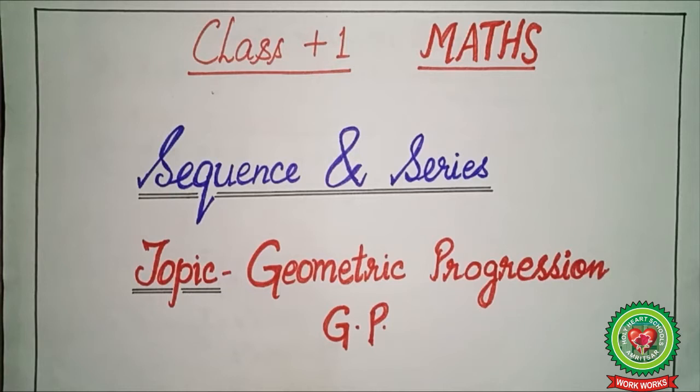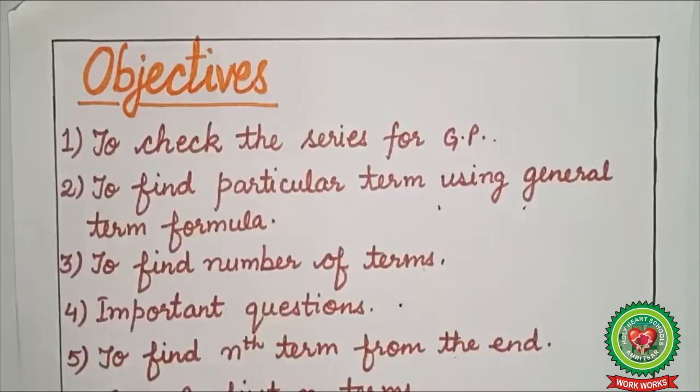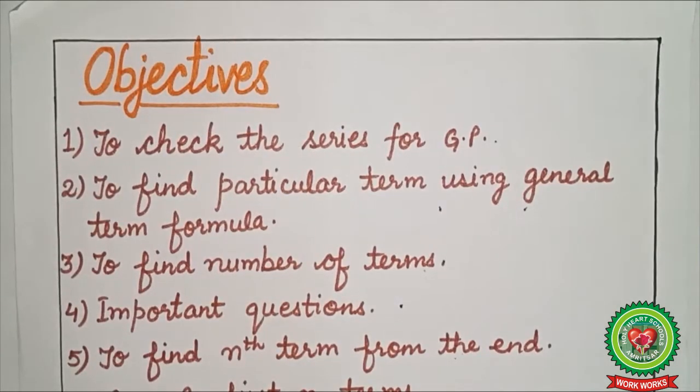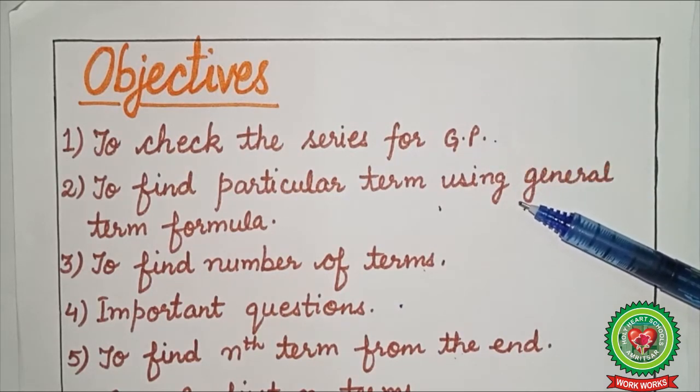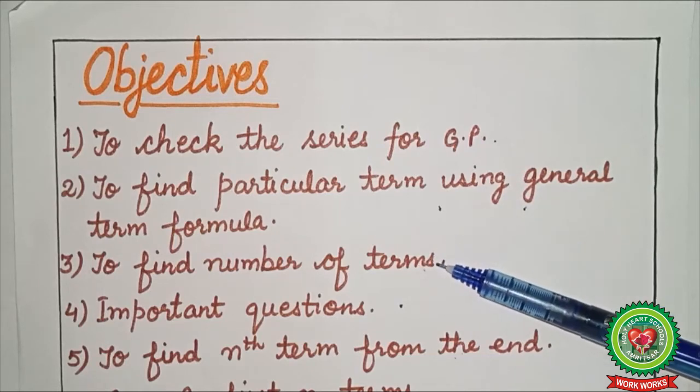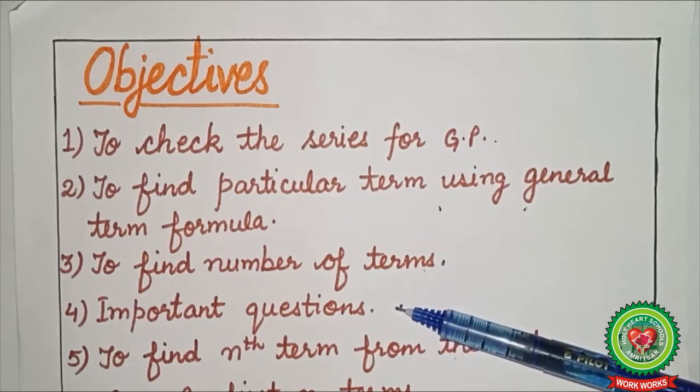Students, we are doing the topic geometric progression of the chapter sequence and series, and we have discussed its objectives. First, to check whether a series is a GP or not. Second, to find a particular term using the general term formula. Third, to find the number of terms. Fourth, important questions were done.